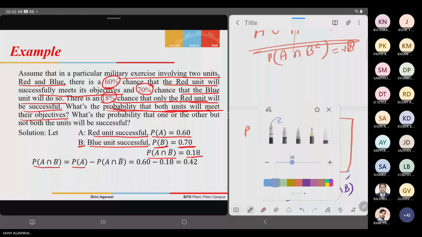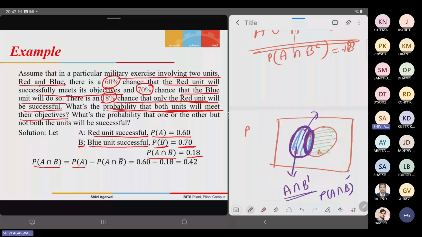We are removing this part from probability of A, so we get this part here, A intersection B.